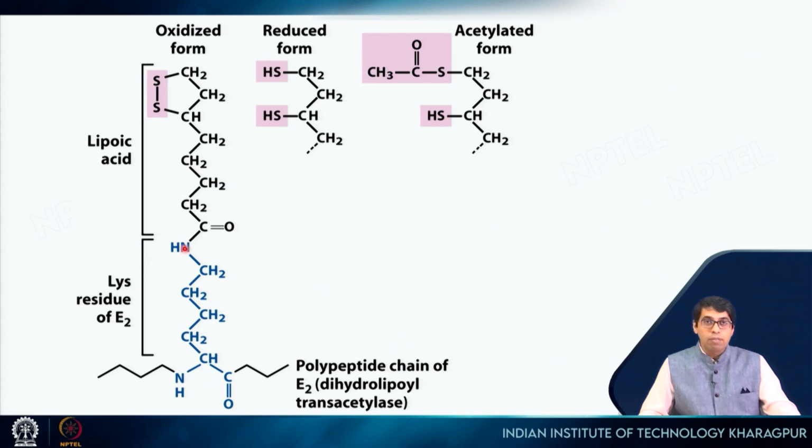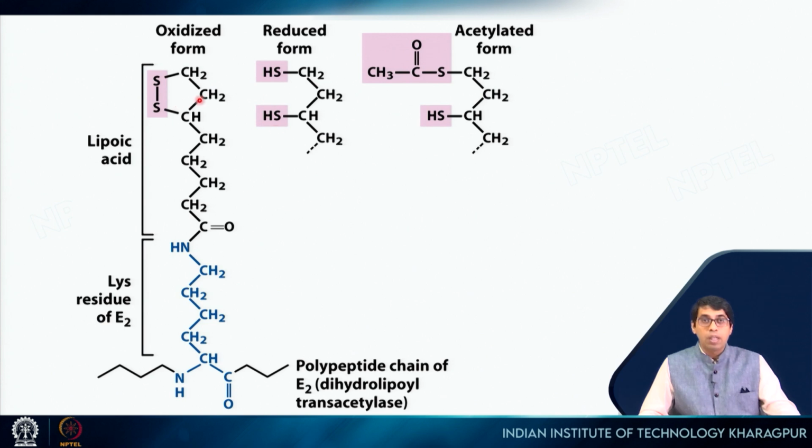So, this is the lysine side chain which will be NH3 plus, but it reacts with this carboxylic group. So, it forms sort of an amide bond, right, and there is a disulfide linkage here, right. So, this disulfide is very similar to the disulfide that we have seen for cysteine amino acid side chains, right. So, this is the oxidized form and this can get reduced to form SH and SH, right.